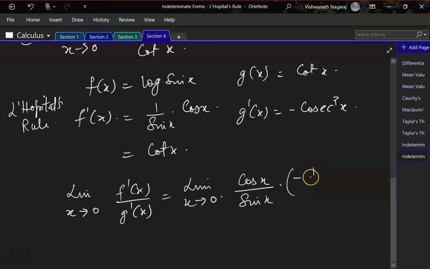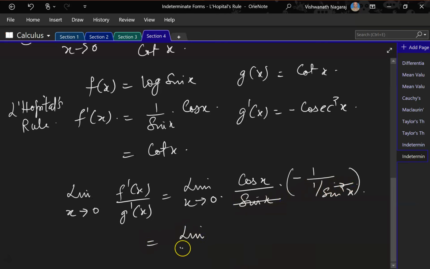But since we are talking of reciprocal, instead of division we are doing multiplication, it will be 1 by sin square x. Yes, then this sign and one of the signs will disappear.